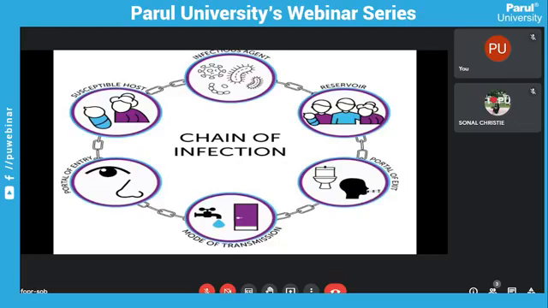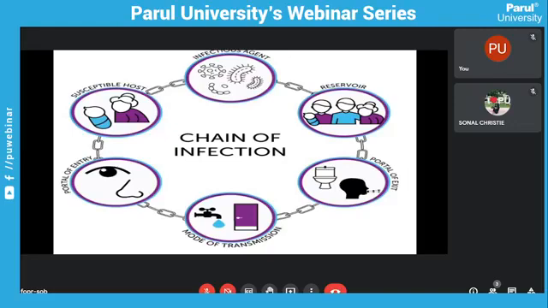Infectious agent is also known as causative agent or the microorganisms. For example, बैक्टीरिया, वायरस और फंगाई. जो भी बैक्टीरिया है, वायरस है, फंगाई है, जिनके कारण इन्फेक्शन कोज होता है, स्प्रेड होता है, हम इसे कहेंगे इन्फेक्शियस एजेंट.